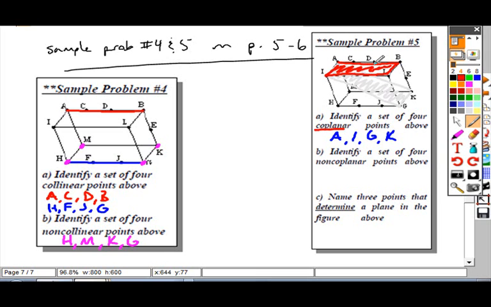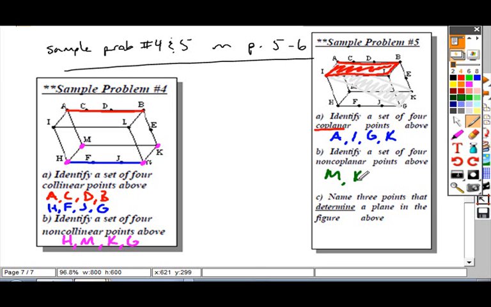All right, so John, back to you. Problem B, what would be a set of 4 non-coplanar points from that diagram, please? John, what would be a set of 4 non-coplanar points? MKGL.